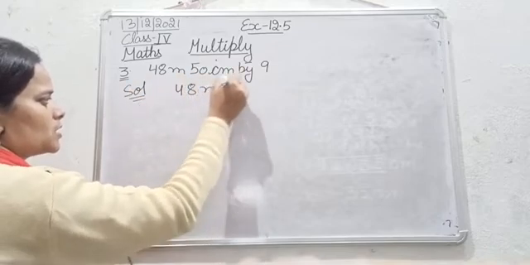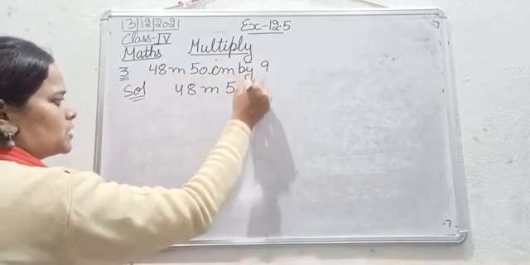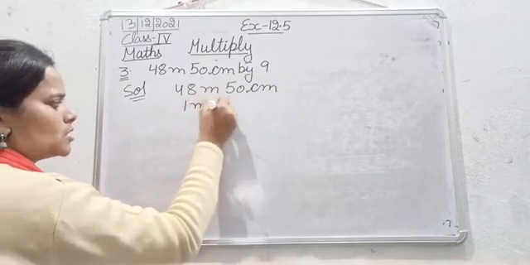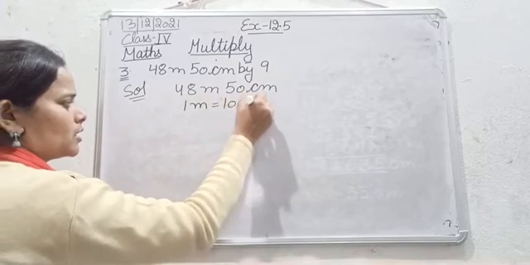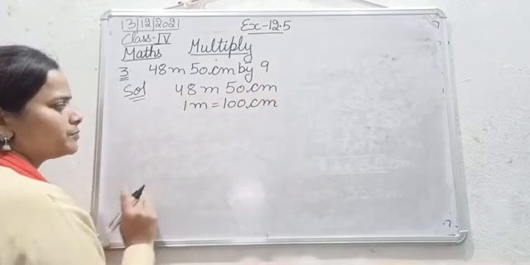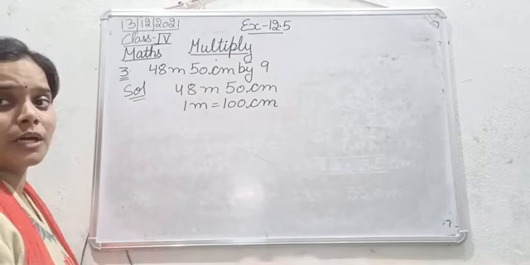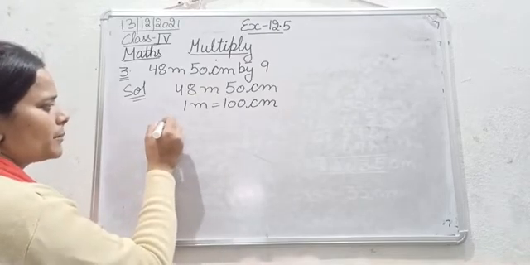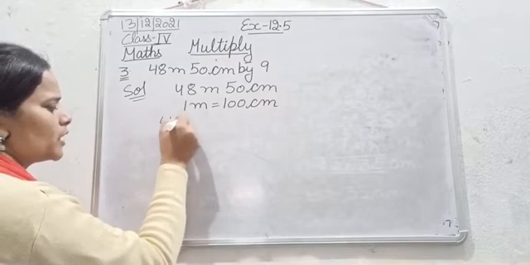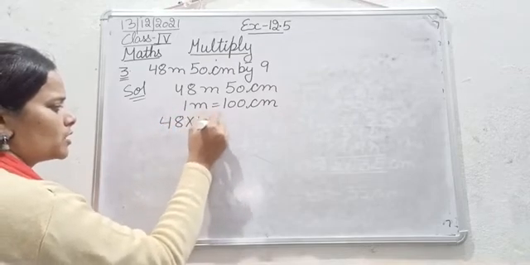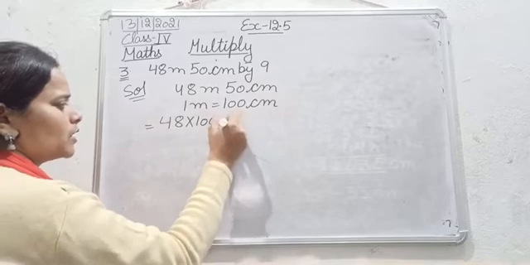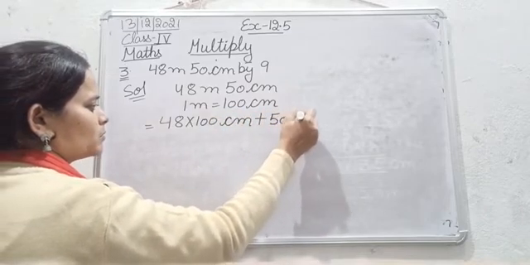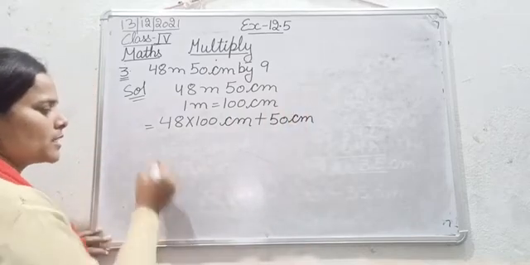48 meter 50 centimeter. 1 meter is equal to 100 centimeter. So meter will be converted into centimeter by multiplying it with 100. This is 48 into 100, that will be converted into centimeter, plus 50 centimeter.